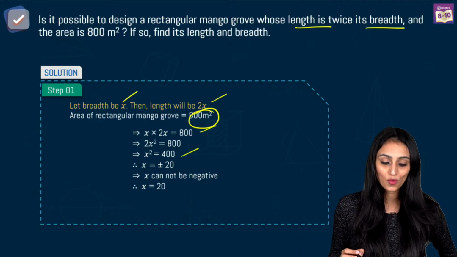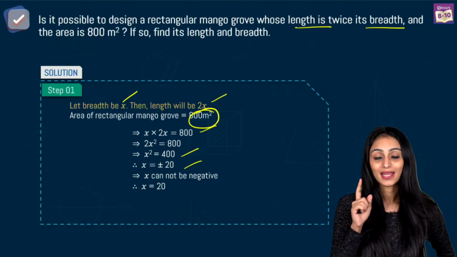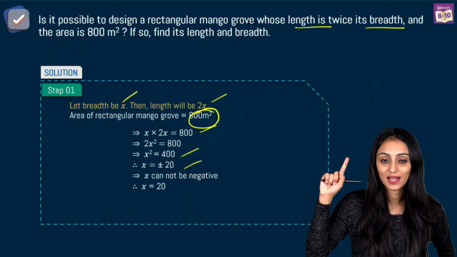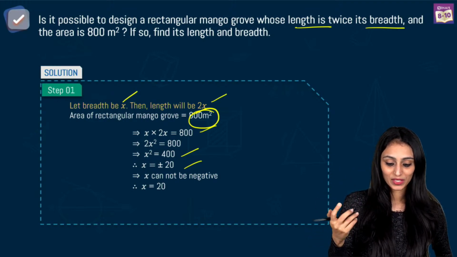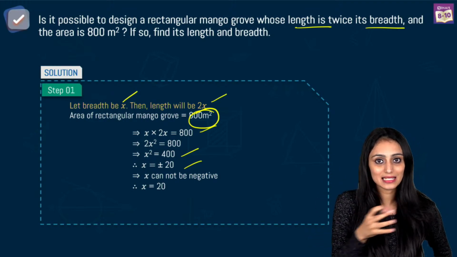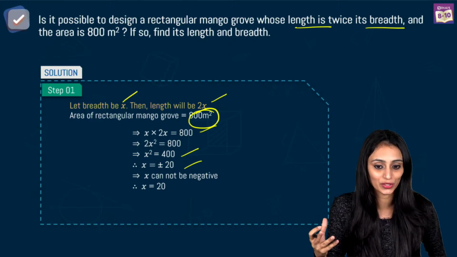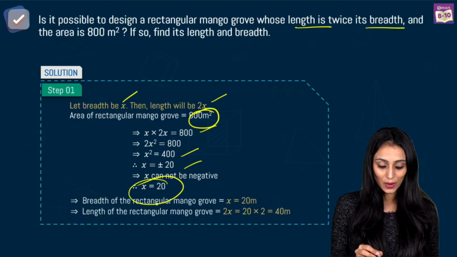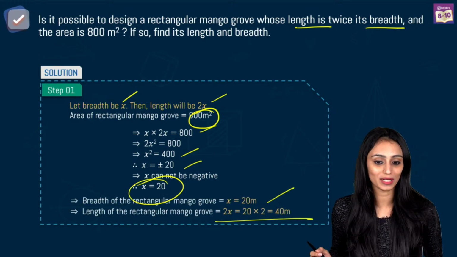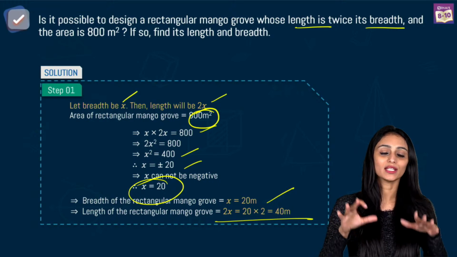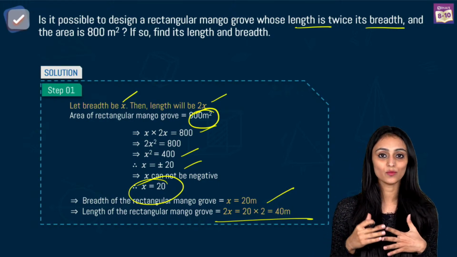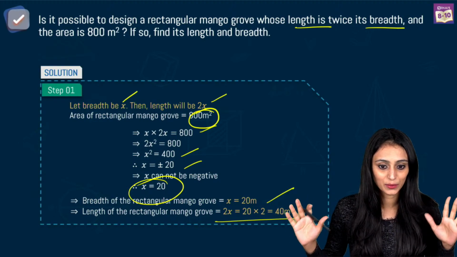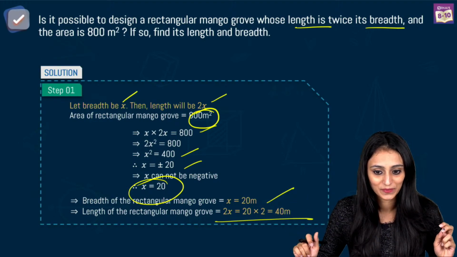So x square would be 400, x would be plus minus 20. It cannot be negative, right Sonali? Because we accordingly pick up the values. Here x is representing the length, so it can't be negative, so x would be equal to 20 in this case. So breadth is 20 meters and length is going to be 40 meters. I'm sure that now you have no confusions in such things, when it comes to picking up the values. Absolutely, 20 and 40.